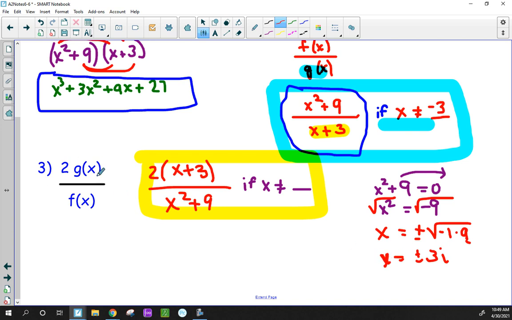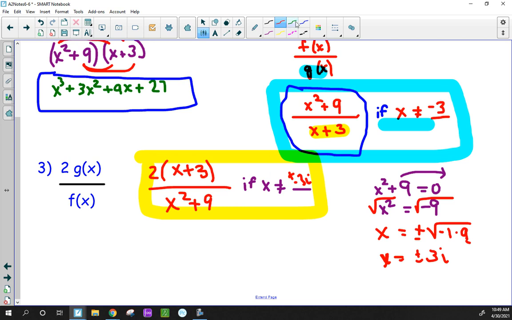So the answer to this problem is right here that I've highlighted, but it's only true when x can't be an imaginary number. When it's imaginary, this part doesn't necessarily have to be written down. I'm just showing you how to get there. If it's a real number, then I do want you to write it.